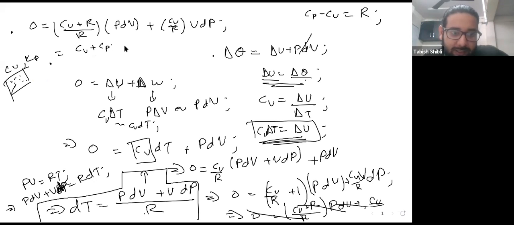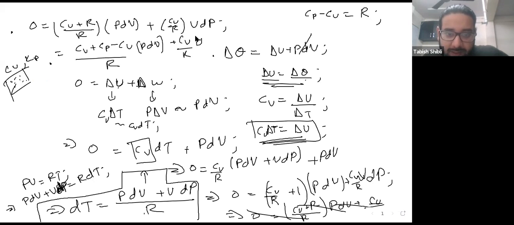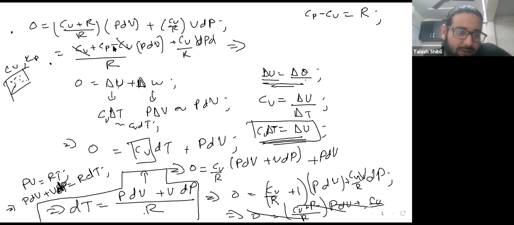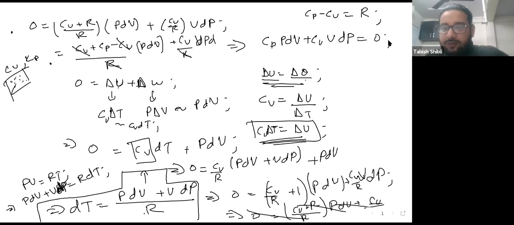Cv plus Cp minus Cv divided by R times P dV plus Cv by R multiplied by V dP. Your Cv just gets cancelled, right? You can cancel out the R. Okay, let's just cancel it out. You get Cp P dV plus Cv V dP is equal to 0.